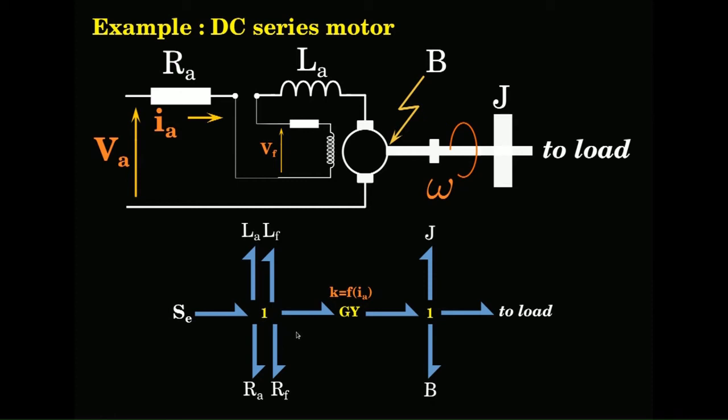After this you assign the causality. This is an assigned source. Next you have the dynamic components here, J, LA, LF. Let us say I take LA to be the flow decider and I place that. The moment I place this, for the junction everything else becomes decided.